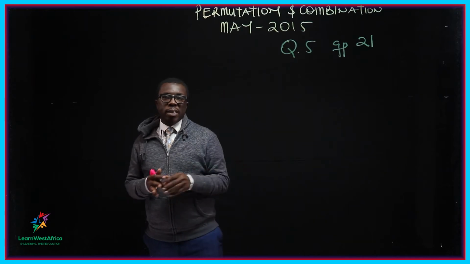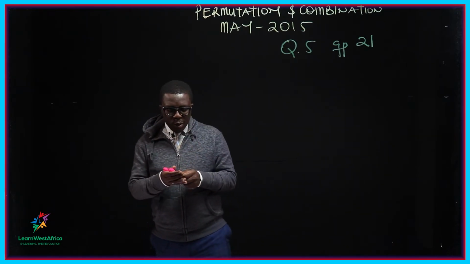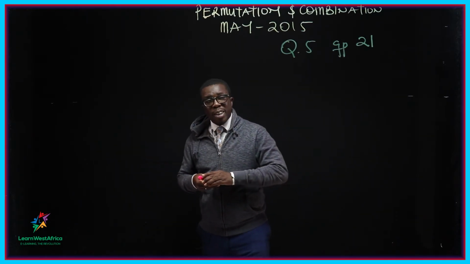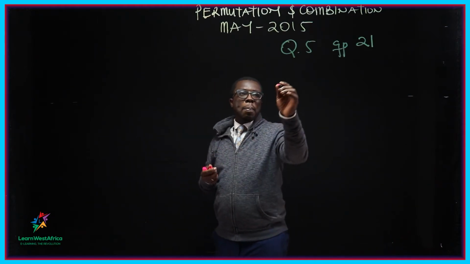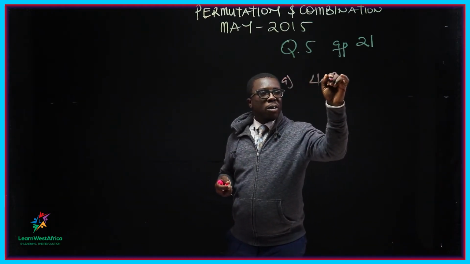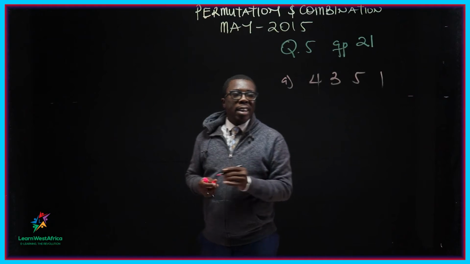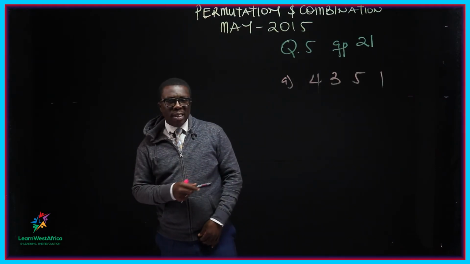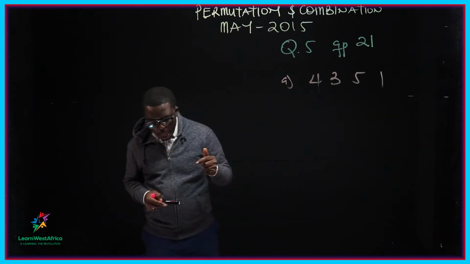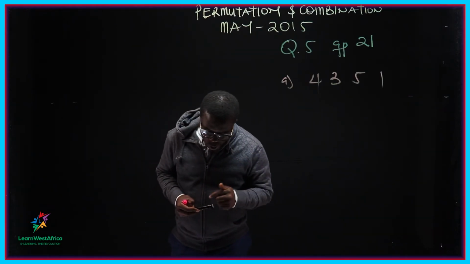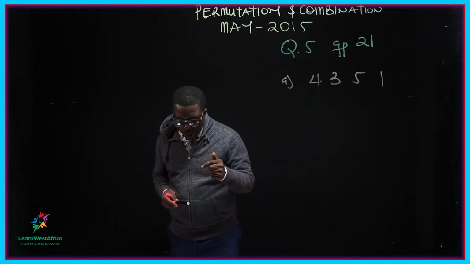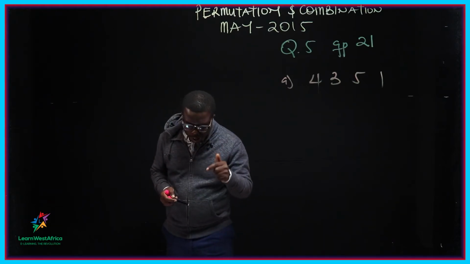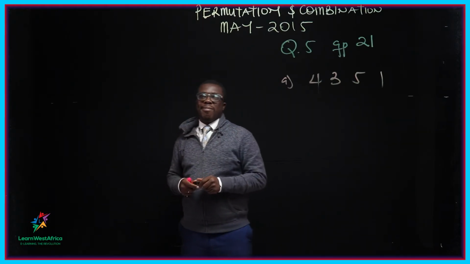The A part says that you've got the number 4, 3, 5, and 1, and the lock can be opened using only this number. Now, the first part is asking us to state whether this is a permutation or a combination of digits, giving a reason for your answer.